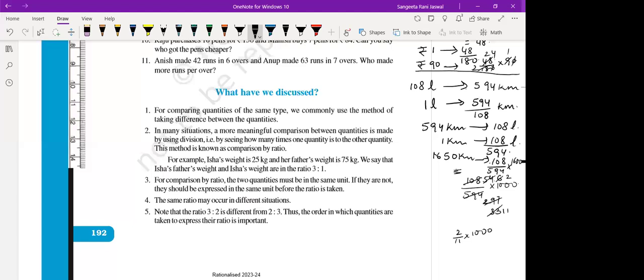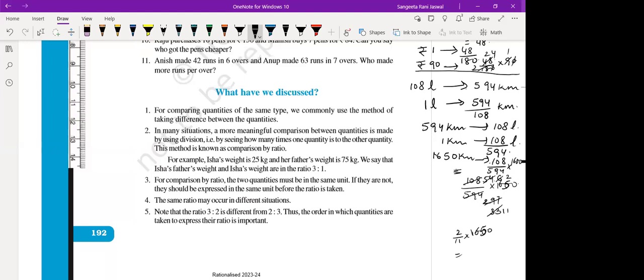So 2 by 11 into this is 1650. This is not 1000, no? This is 1650. Now multiply this by 1650. So just divide this by 11.